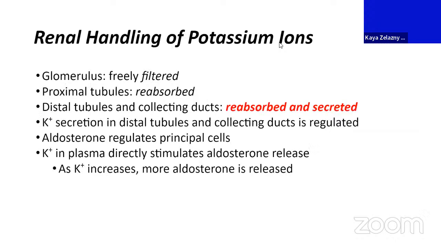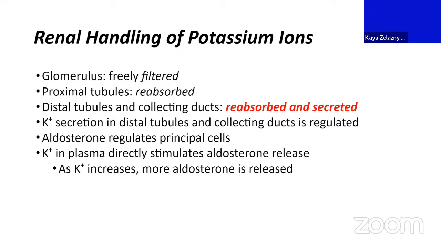Okay. So here's a rundown of what is happening to our potassium in each of the parts of our nephron. So right at the front in our glomerular capillary, potassium's coming into the nephron, into Bowman's space freely, meaning there's no extra barrier for potassium. However much potassium you have in your plasma, that's how much potassium is coming into the nephron in the filtrate.